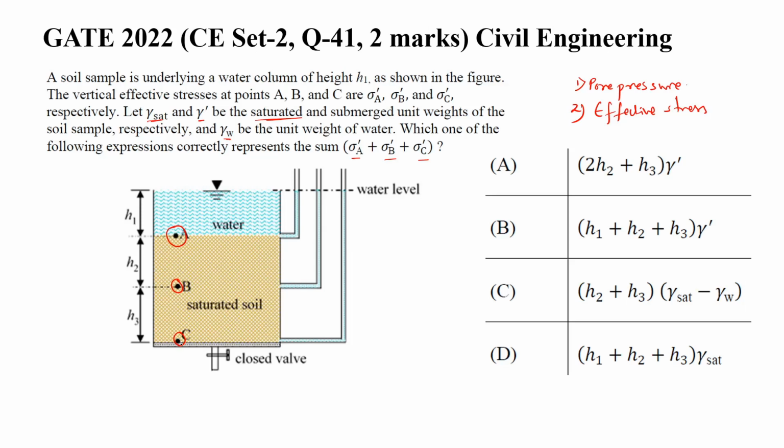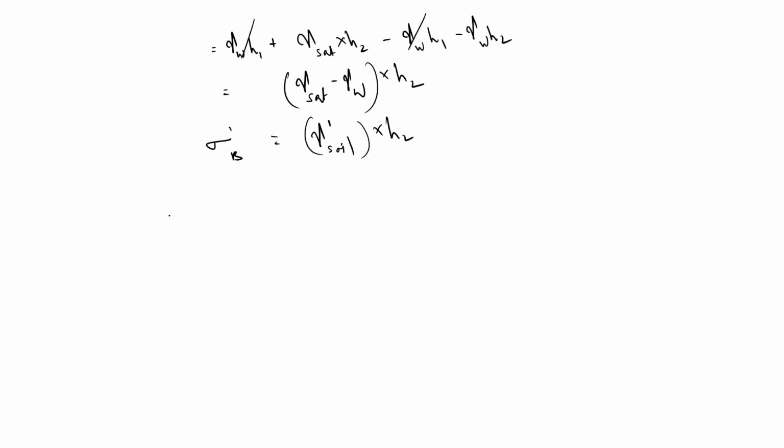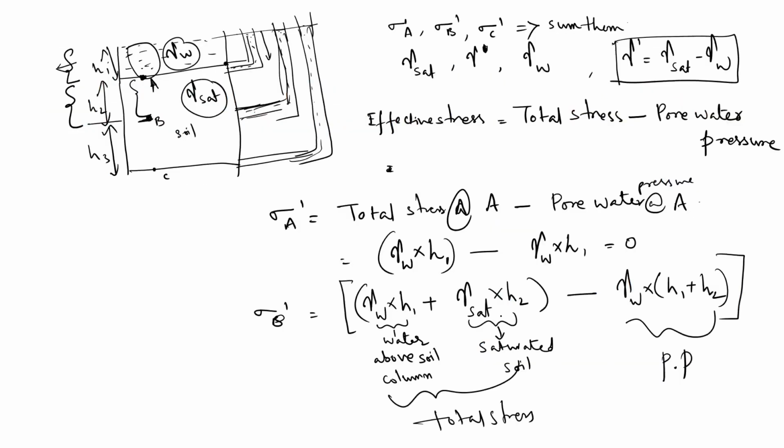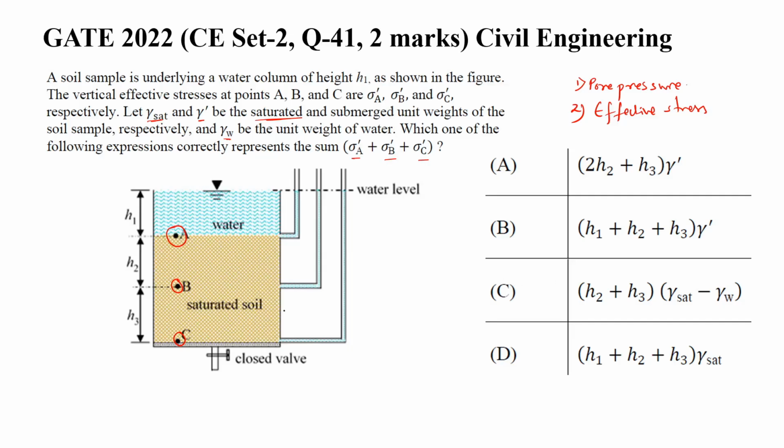Now sigma dash at C will be the same as the calculation of sigma dash at B. So what is the total stress? Stress due to water, stress due to the saturated soil of height H2 plus H3. Just that here another term will come, gamma sat into H3. And here also the water term will be H1 plus H2 plus H3.